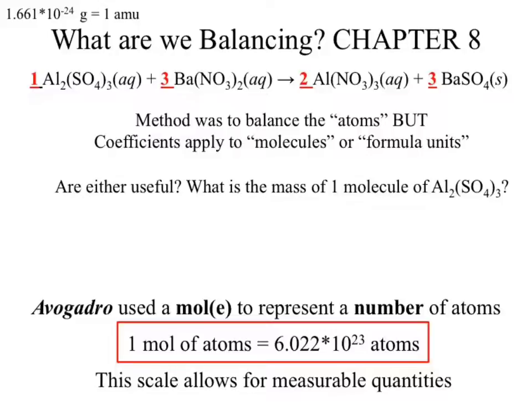So when I go into the lab, I'm not going to measure out 1 atom, I'm going to measure out 6.022 times 10 to the 23rd atoms. What is that going to do for me as far as the mass? Okay, well, our number was 5.68 times 10 to the negative 22 grams per what?